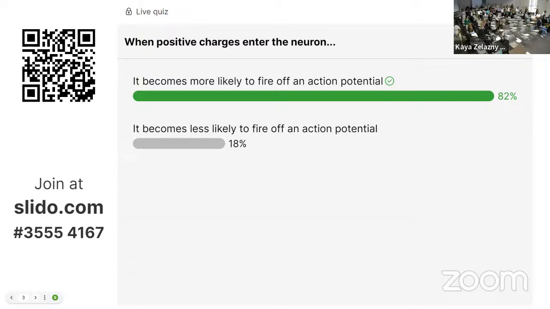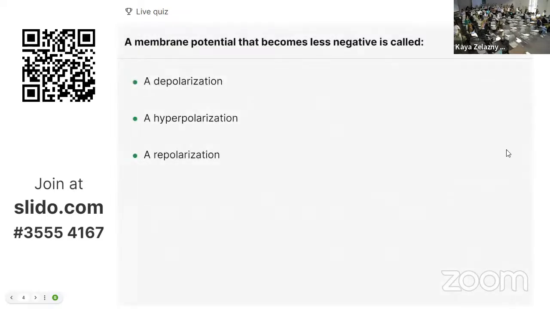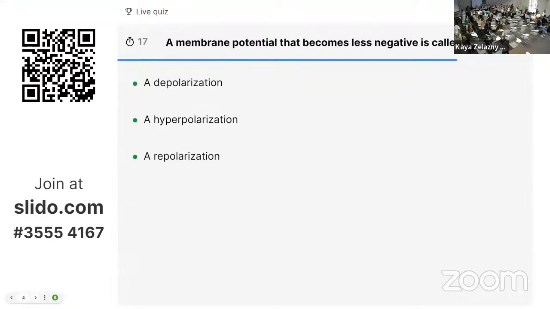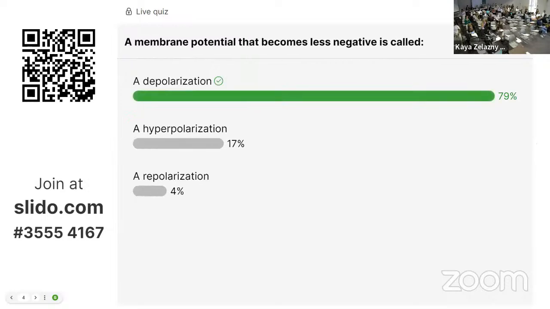If we have positive charges coming into the neuron, so the sodium, things like calcium, that membrane potential inside our neuron gets closer up to its threshold value, so it becomes more likely to fire off an action potential.